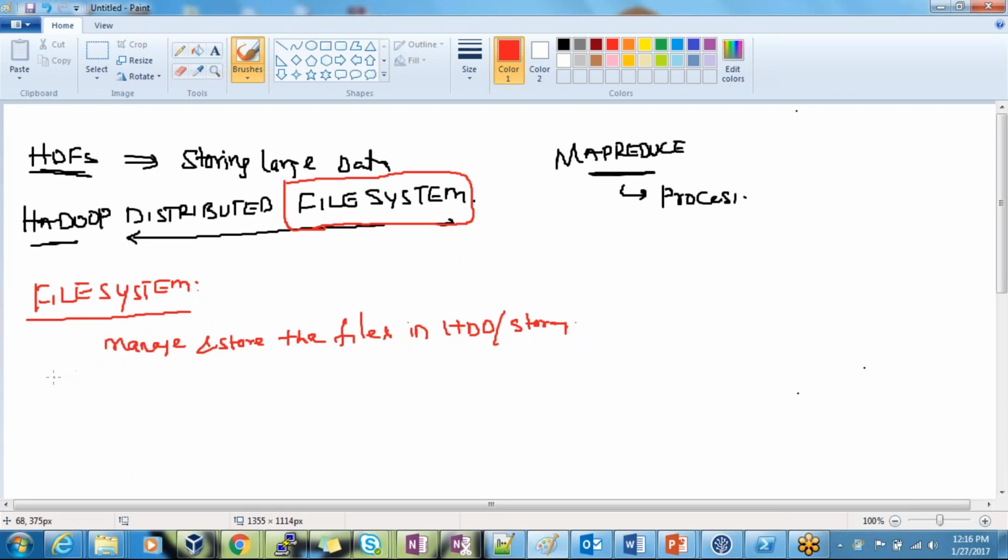There are different types of file systems. Windows has its own file systems, and Linux has its own file system, ext4.